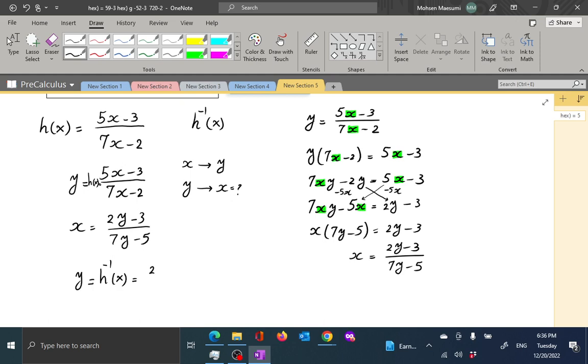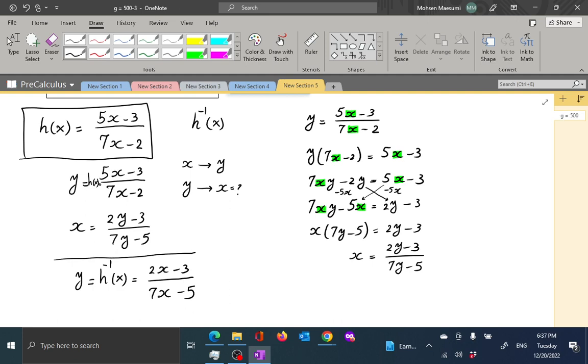Instead of y we write the x: 2x minus 3 over 7x minus 5. So this was the original function. This is its inverse. So for finding the inverse function of a rational function, this is the recipe to follow.